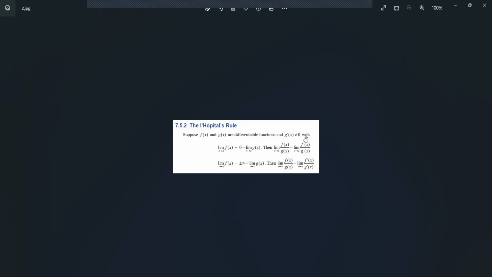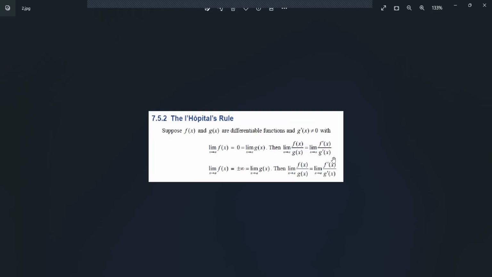That is, suppose we have functions f of x and g of x that are differentiable, and g prime of x is not equal to 0. Then with limit x tends to a, f of x equal to 0 and limit x tends to a, g of x equal to 0, we have the limit x tends to a, f of x by g of x.